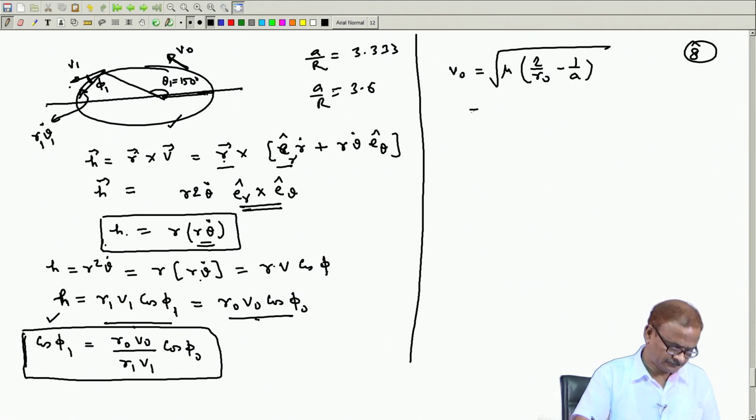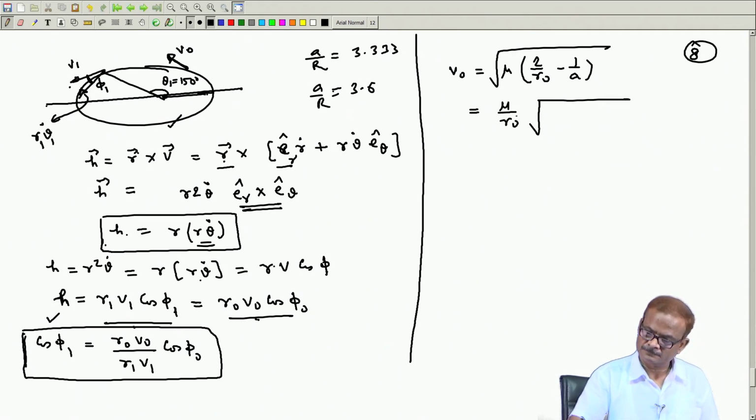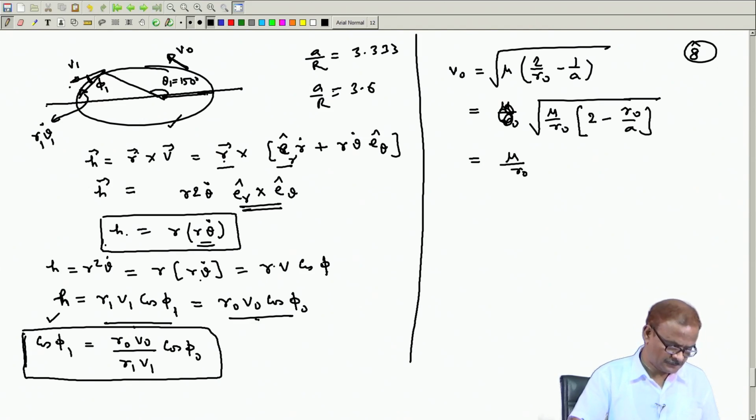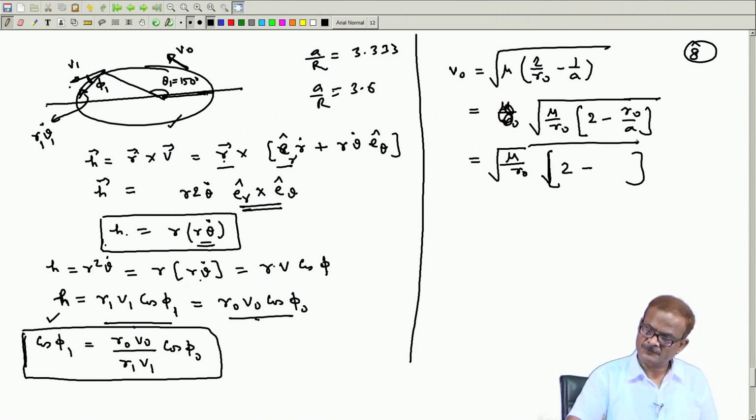Taking r 0 outside, it is under root 2 minus r 0 by a.